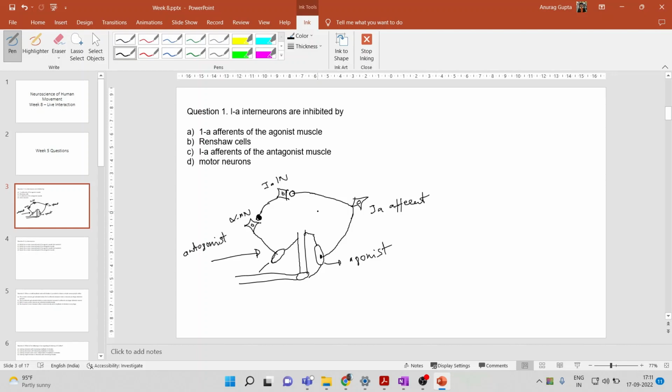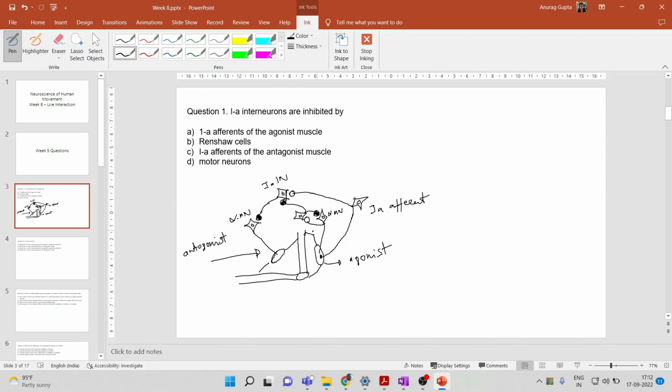Now, this is one scenario. The other scenario is we have the alpha motor neuron which supplies this agonist muscle, and this alpha motor neuron excites the Renshaw cell. The Renshaw cell inhibits the alpha motor neuron that excites it, and it also gives inhibitory inputs to the 1A interneuron.